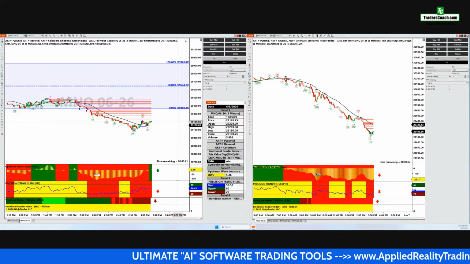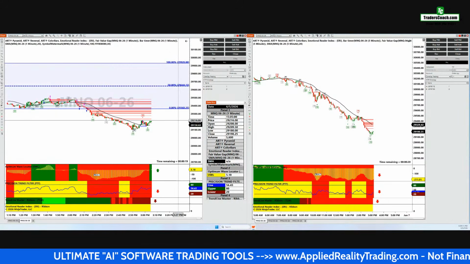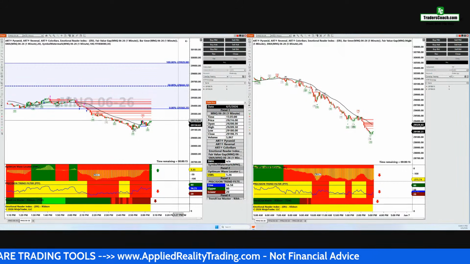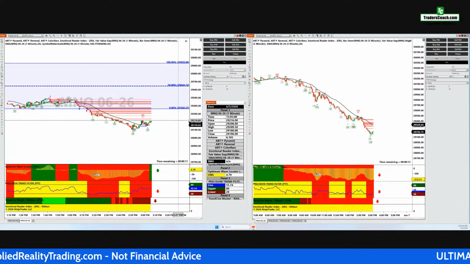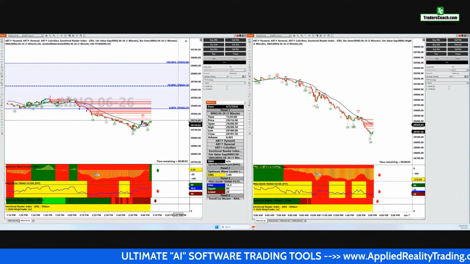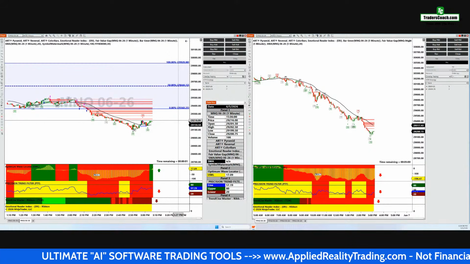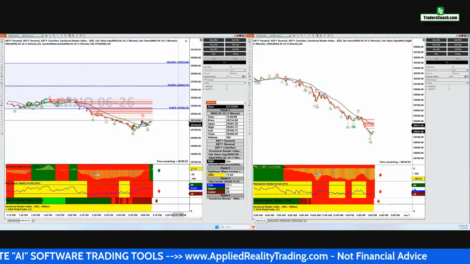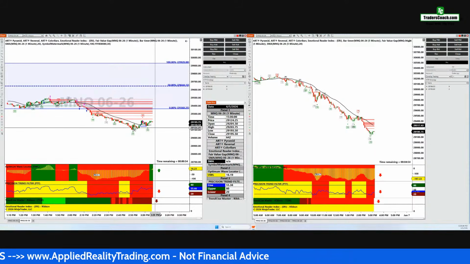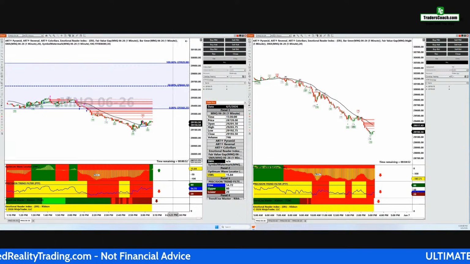Okay, so looks like we're going to maybe go above here, but I don't see any bullish fair value gaps that I like to see. Okay, so we're at the 3 o'clock hour here. Come on. What are we, 3:10? 3:10.